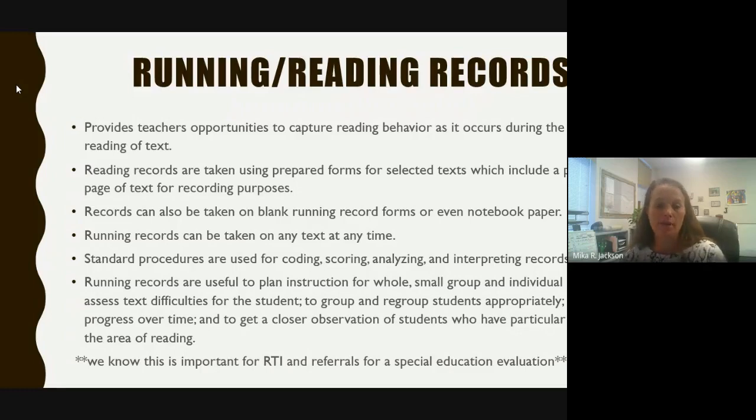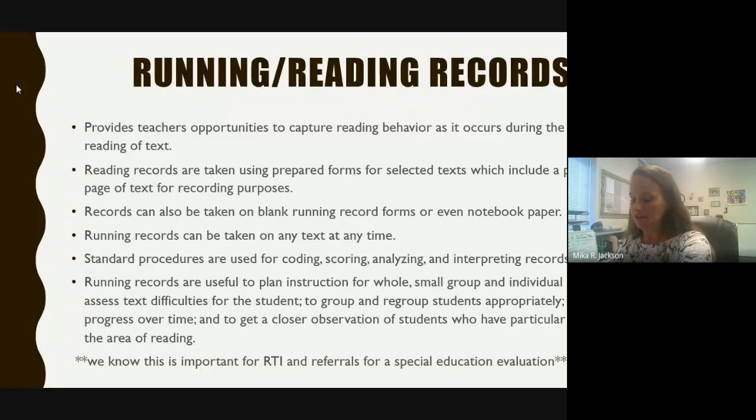Reading records can be taken from prepared forms. There are several programs that already have benchmark books set aside, and they have running records already made for those books. Or you can take a plain running record form, which I sent you guys.